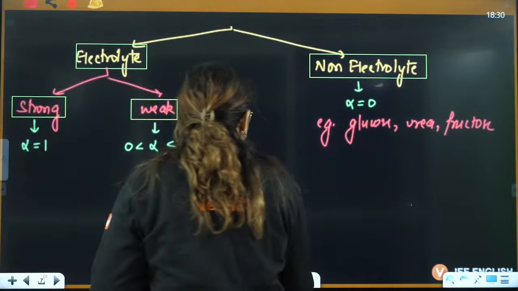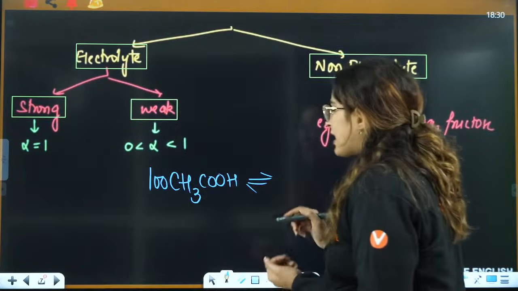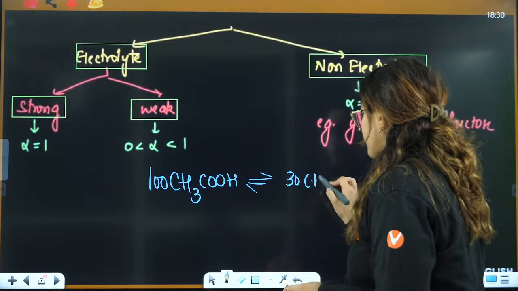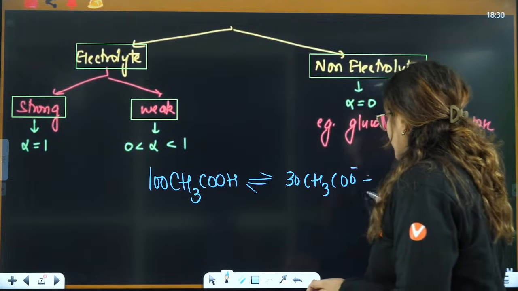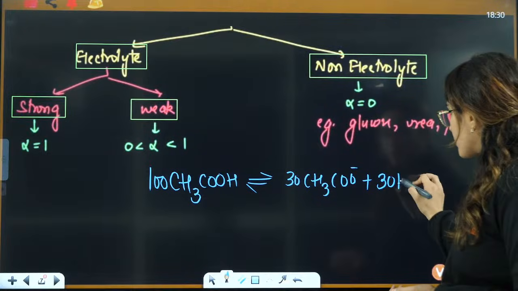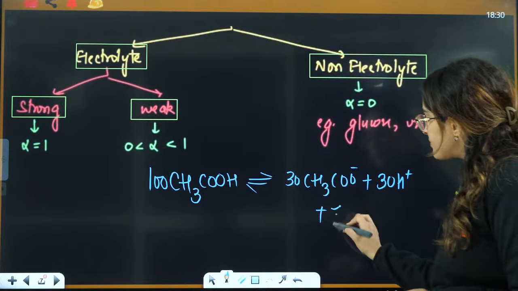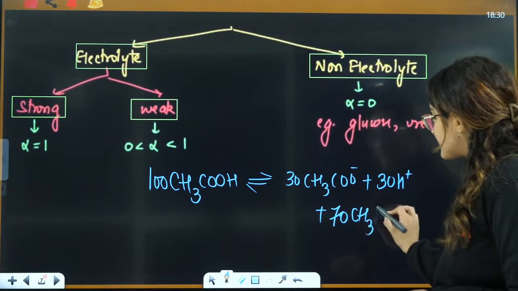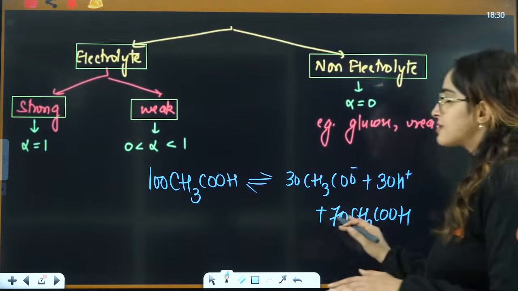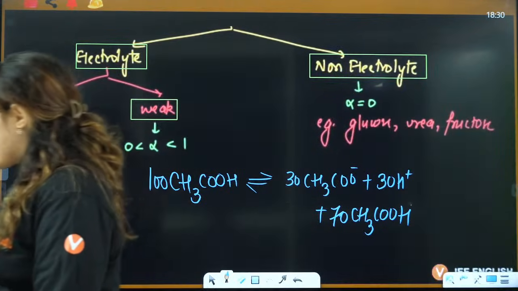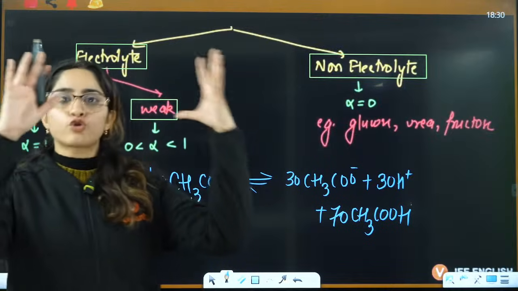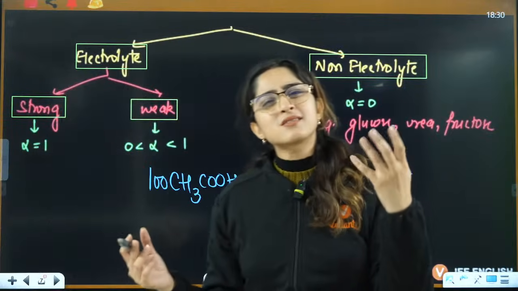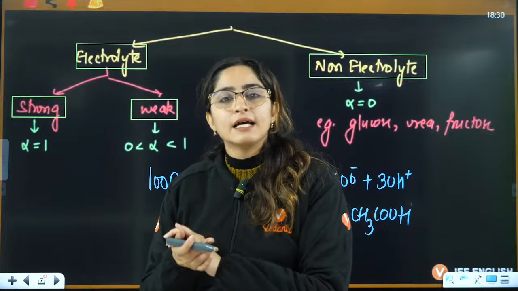Maybe you have 100 initially, and out of that 30 are dissociated. You have 30 CH3COO negative and 30 H positive, but the rest, 70, are as it is, not dissociated at all. Only some of the total are dissociated.